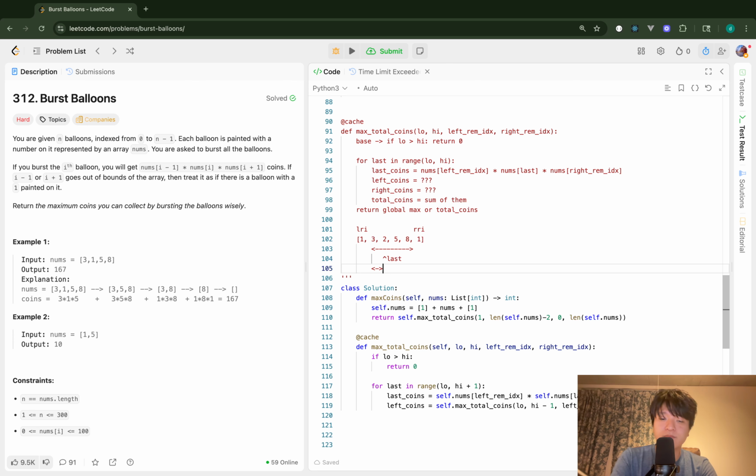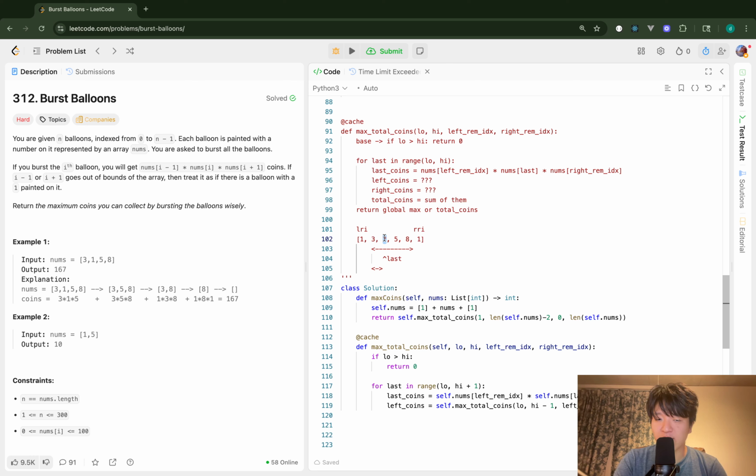So I'm interested in the number, or I should say index, which is right hand side of this range and not bursted yet and closest to this range. Obviously, this is the last index I chose because I chose this previously, which means that chronologically, this will be deleted later, which means that this is not bursted yet.